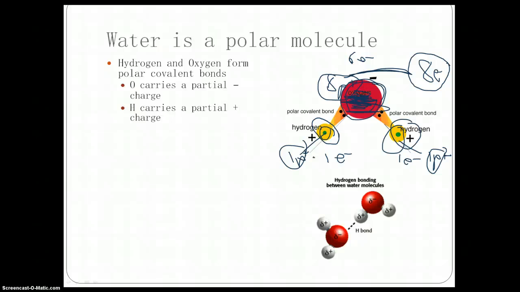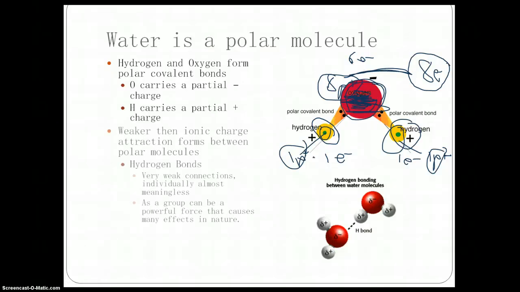So the cloud, which is negative, spends most of its time near the oxygen. That means the hydrogen nuclei are more exposed to the environment, so they have a slightly positive charge, because in the nuclei is where the positive charge can be found. So water is polar because the oxygen contains a slightly negative charge and the hydrogen contains a slightly positive charge.